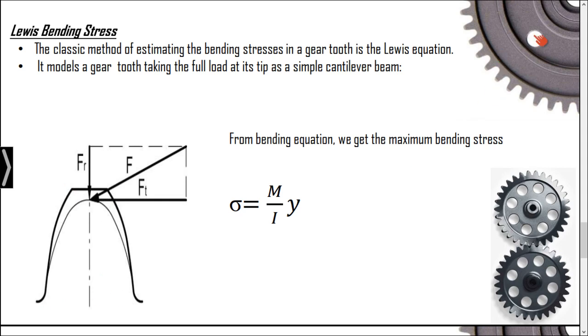If you consider this particular gear, we can see that the load is acting somewhere here. So the projection can be considered as a cantilever beam with an end load, something like that. So this is how the force acts through the pressure angle line.